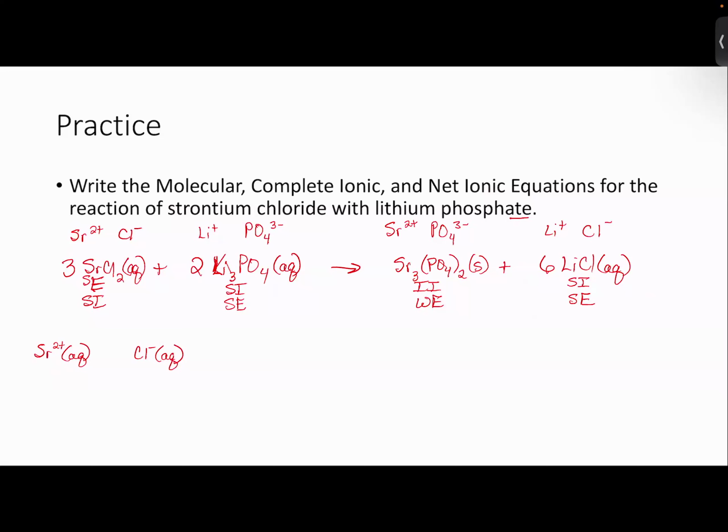This coefficient means I have 3 of these molecules, so I have 3 strontiums. And I have 3 times 2, or in other words, 6 chlorides. My next piece, I'm going to go back to these ions. They're lithium and phosphate ion.